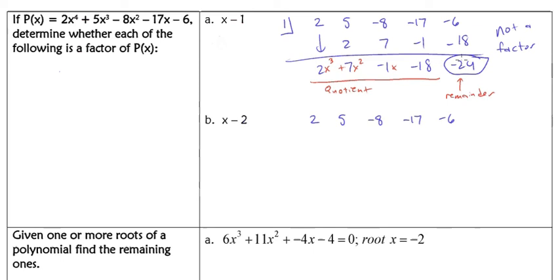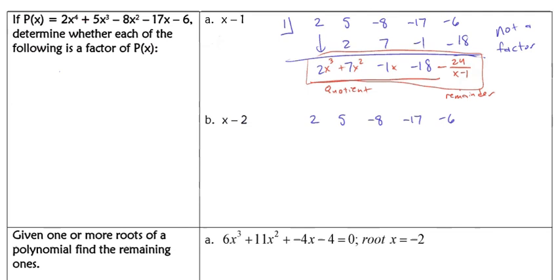And you might see it written instead of just remainder 24 or negative 24, as minus 24 over x minus 1, and then there we'd have our function divided by x minus 1.